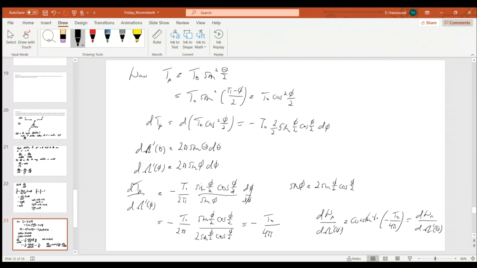So what this tells us is that there is no angular dependence, right? And if you think back to billiard ball collisions, this is what we got for billiard ball collisions as well.